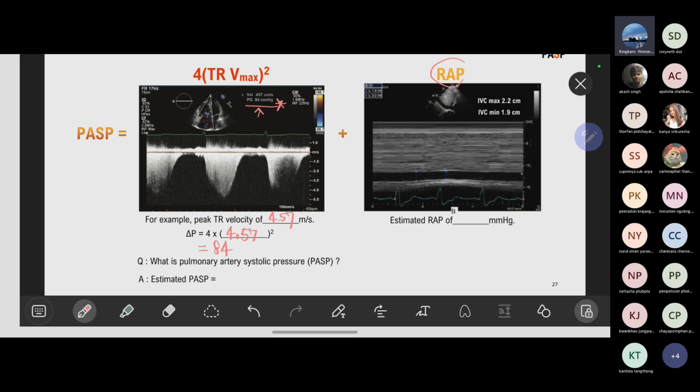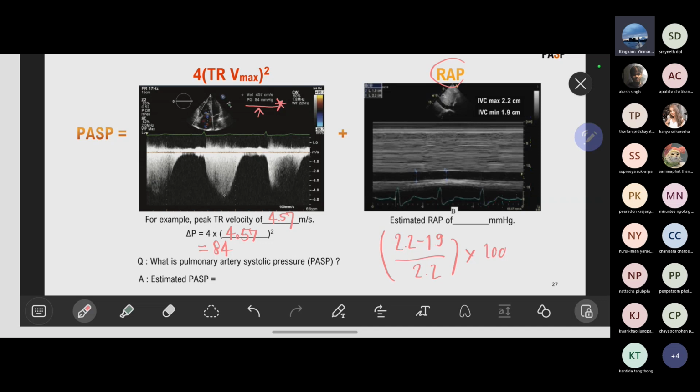Right atrial pressure is estimated from IVC max 2.2 minus 1.9, then divided by 2.2, and multiplied by 100.